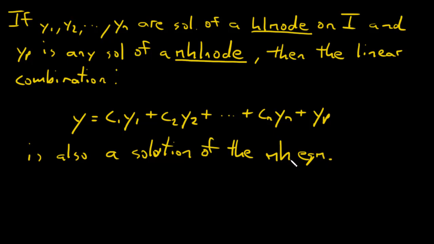Now, this is kind of a simplification, because this implies that this is the homogeneous equation. This is the non-homogeneous equation, that is the homogeneous equation equal to something that's not zero. So this HL node and this HL node are the same.